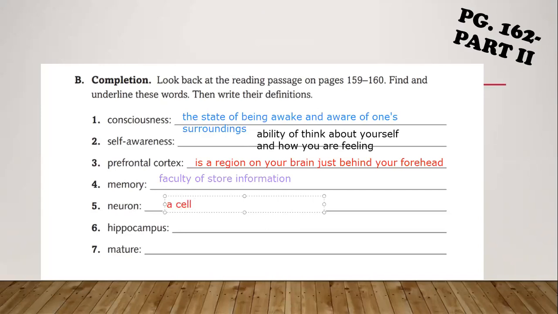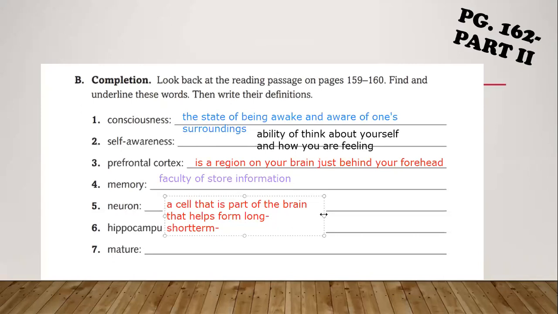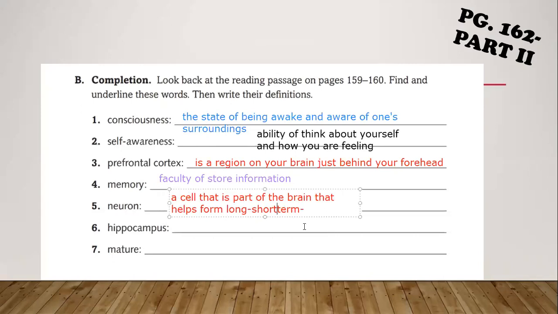A cell that is part of the brain that helps form long term and short. Okay, just in case. Okay, this is number 5.